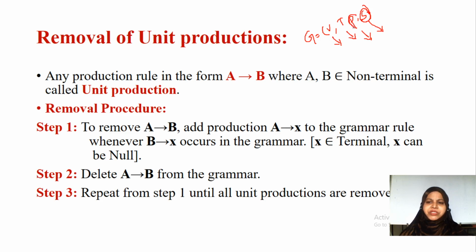Here P is the productions, and there are various types of productions. For example, S tends to AB is one production, A tends to small a is one production, A tends to BA is one production, B tends to C is one production, B tends to AB is also one production, and B tends to S is also one production.